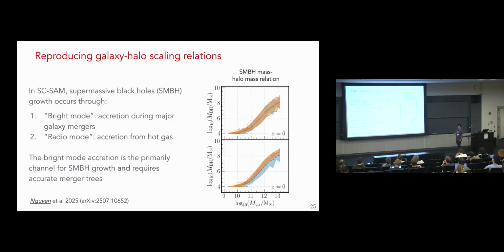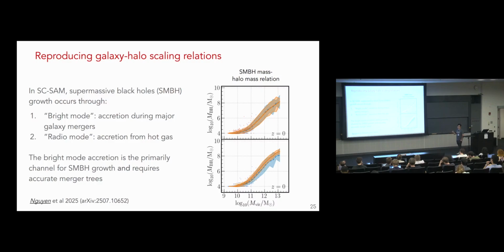And if you're really into galaxy formation, I want to flash this figure showing the supermassive black hole mass versus halo mass relation, because this is what all the cool kids are doing now. They're doing supermassive black hole modeling for the high redshift universe. So you want to really get the supermassive black hole mass right. One thing about supermassive black holes is that all the theory on their evolution is very heavily related to mergers.